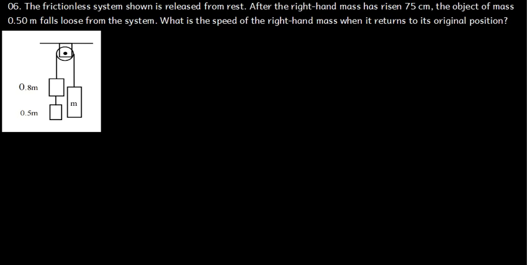Okay, so now we have our diagram, as we can see. What we have to understand is that they want us to find the speed of the light hand mass when it returns to its original position.